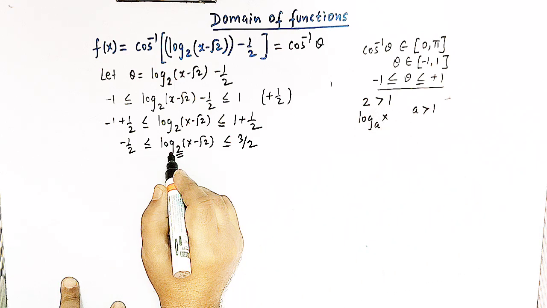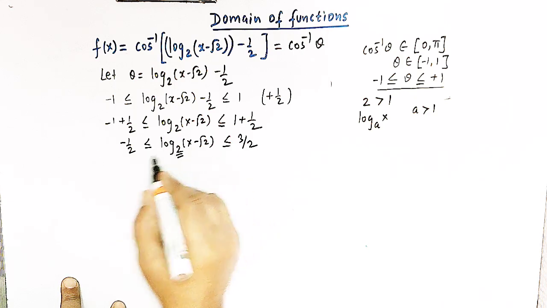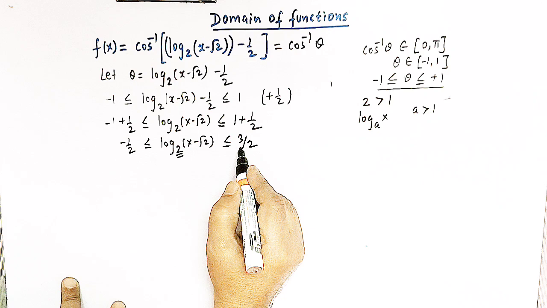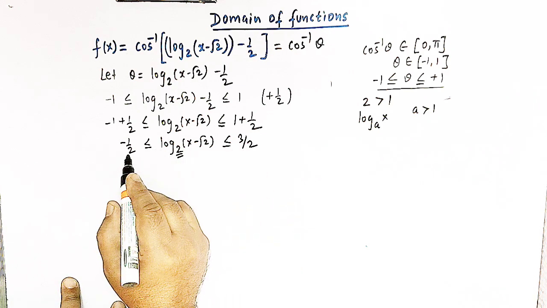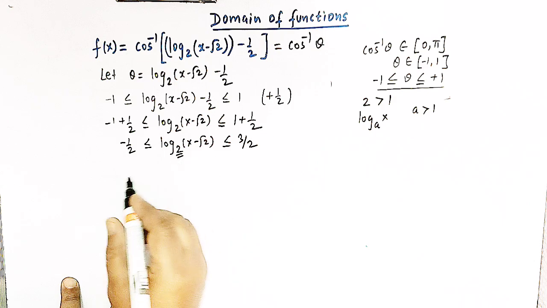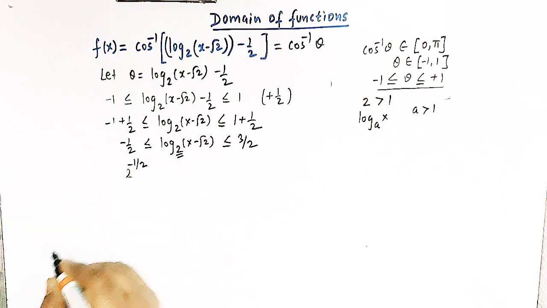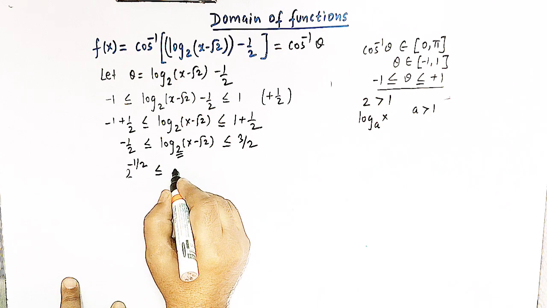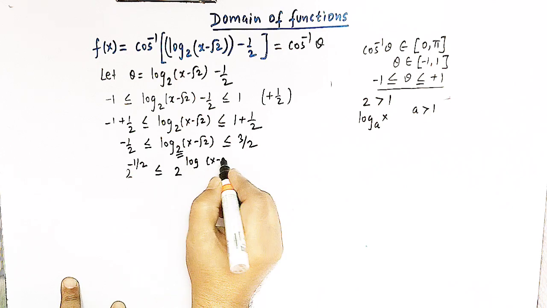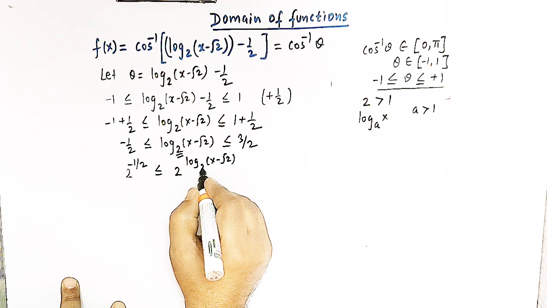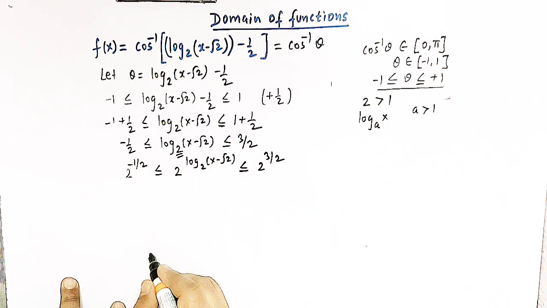So we will get rid of the log function by raising these three quantities to the power of 2. Raising these to the power of 2, we have 2 raised to minus half, 2 raised to log of x minus root 2 to the base 2, and 2 raised to 3 over 2.